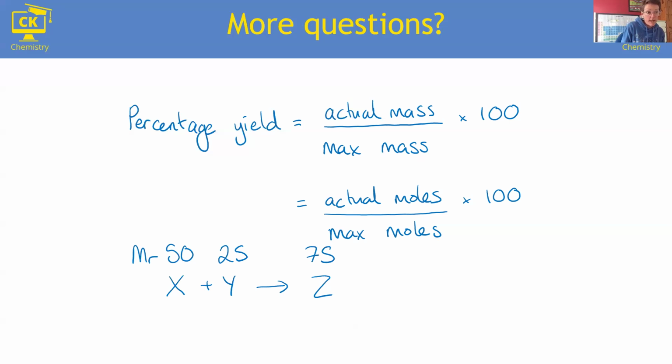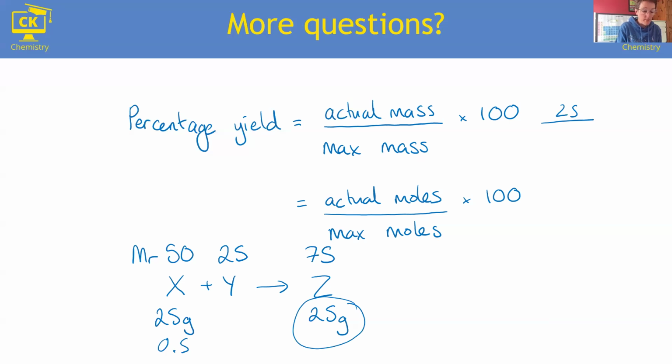And if a question said that I've got 25 grams of that and I make 25 grams of that, what is my percentage yield? So I've got to do this one of two ways. I either use 25 as my actual mass, so that goes at the top, in which case I then need to work out the maximum mass using moles. So that is 0.5 moles. I'm just deliberately choosing nice, simple numbers.